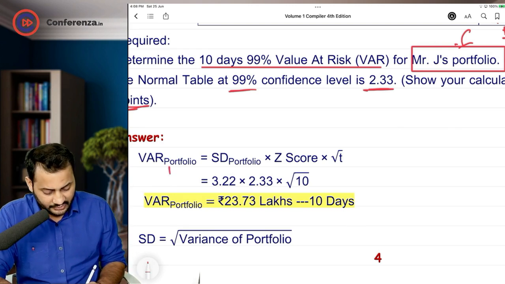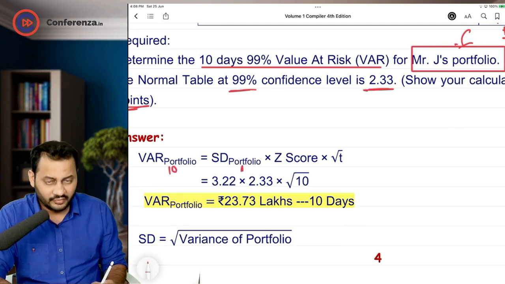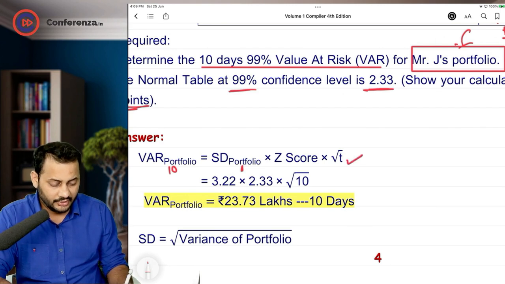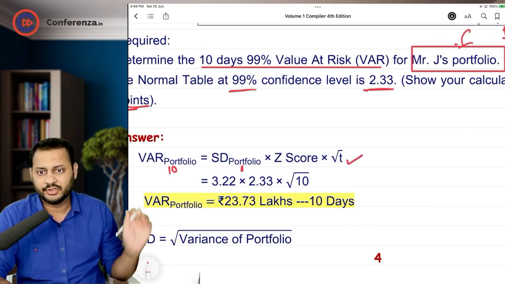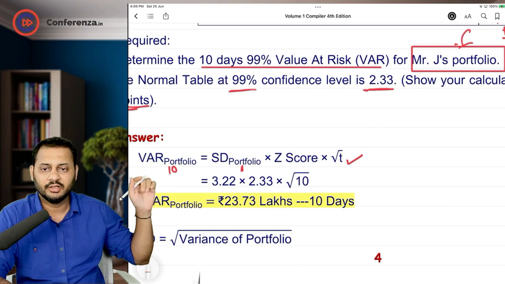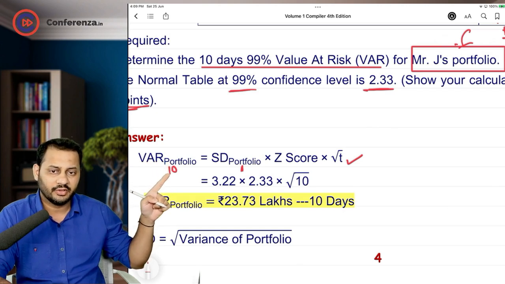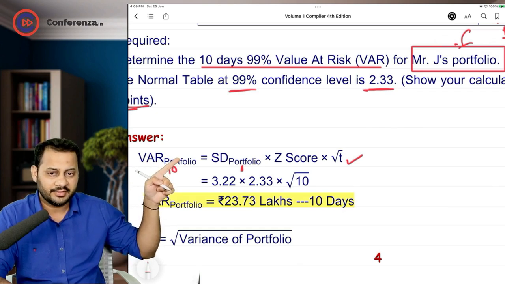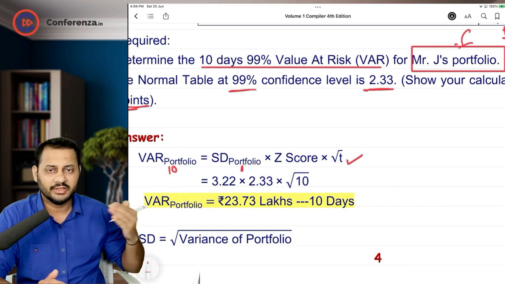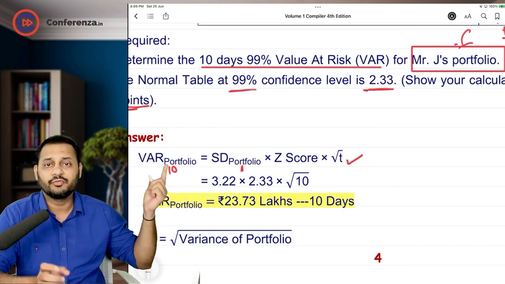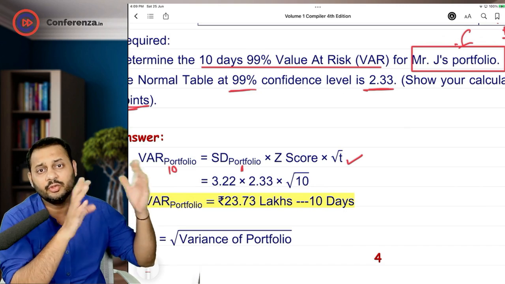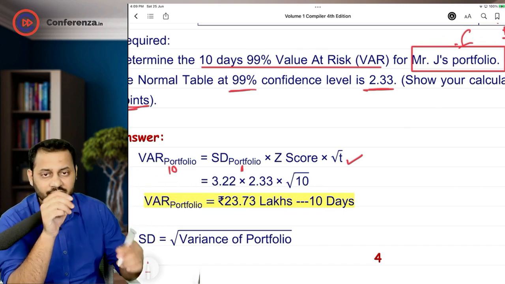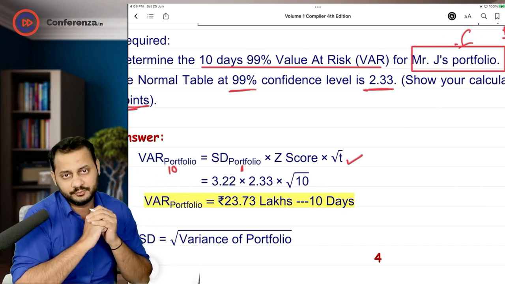See, if this is for 10 days and this is for 1 day, only then will you need under root T. It is not clear in the formula written over here. Just write down below portfolio 10 and below standard deviation portfolio 1. So it is clear that you are converting the portfolio standard deviation of 1 day into 10 days by multiplying it with under root T.